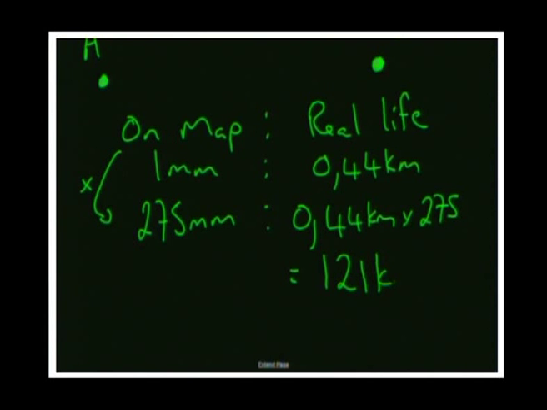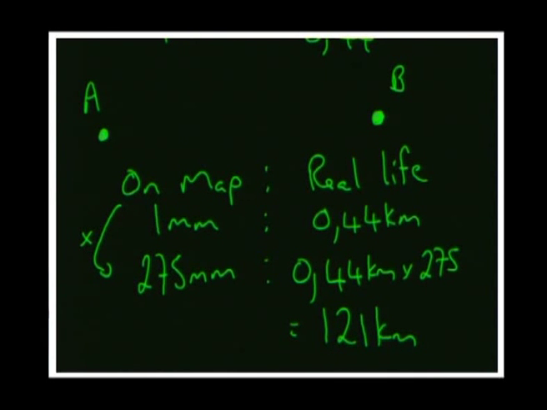121 kilometers. So if we look here again, we've got town A, town B, and I say to my friend, I want you to go from town A to town B. How far is it, does he say? Well, I'm not going to say to him it's 275 millimeters, because that's a joke. He'd just take a little step forward and be at the destination. Rubbish.